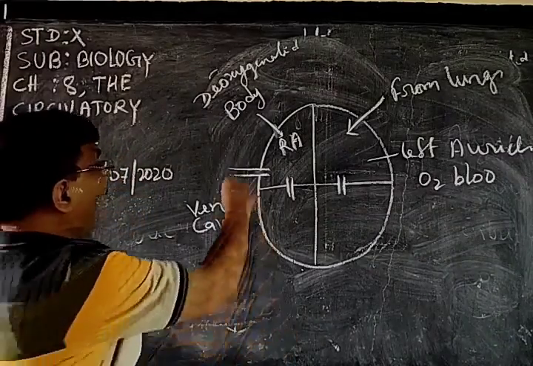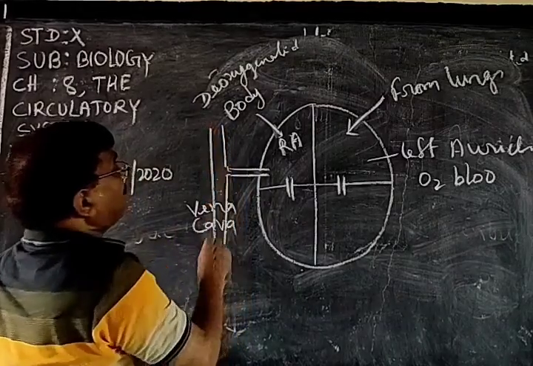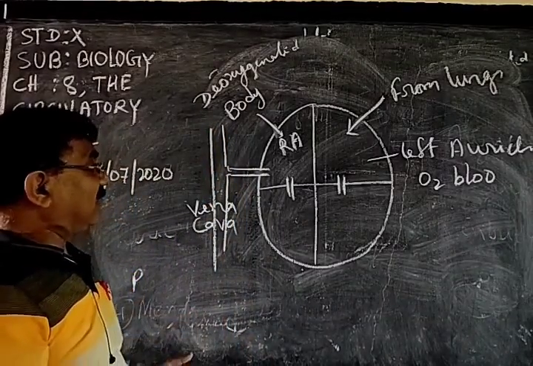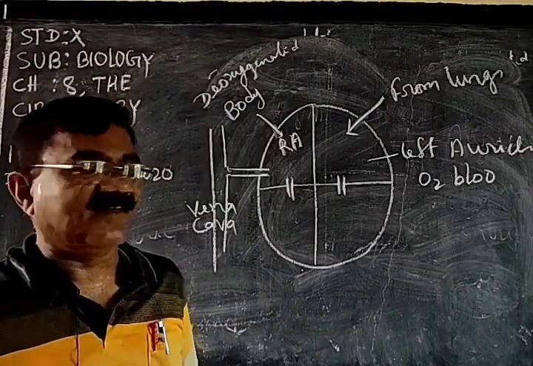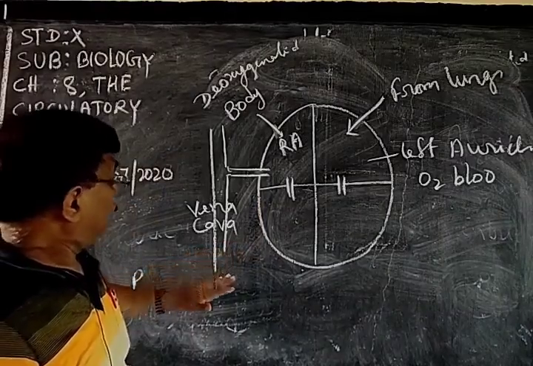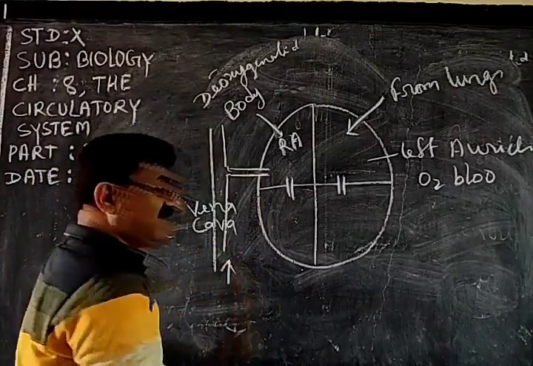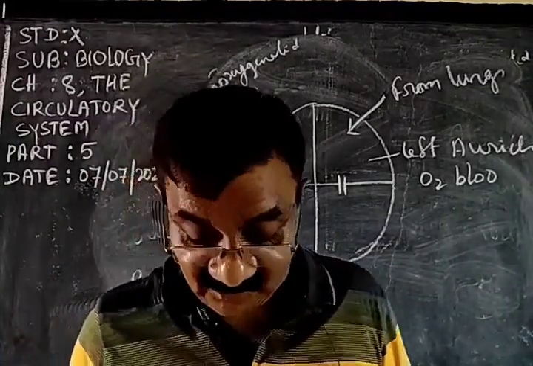This vena cava you can see is receiving blood from the upper part of the body and the lower part of the body. Upper part means from head and chest, it is receiving deoxygenated blood, and from downward it is receiving deoxygenated blood from the lower part of the body like the toe.